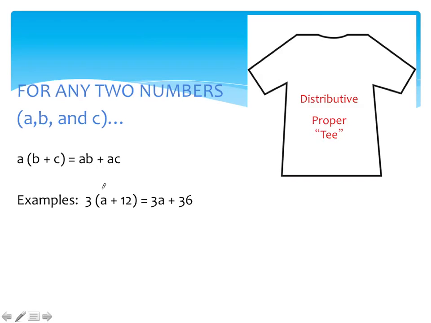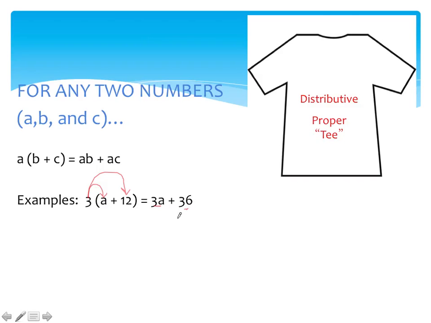If I have 3 times the sum of A plus 12, I'm going to get 3 times A plus 36. I'm basically taking this 3 and multiplying it times A to get 3A, and then multiplying it by positive 12 to get positive 36.